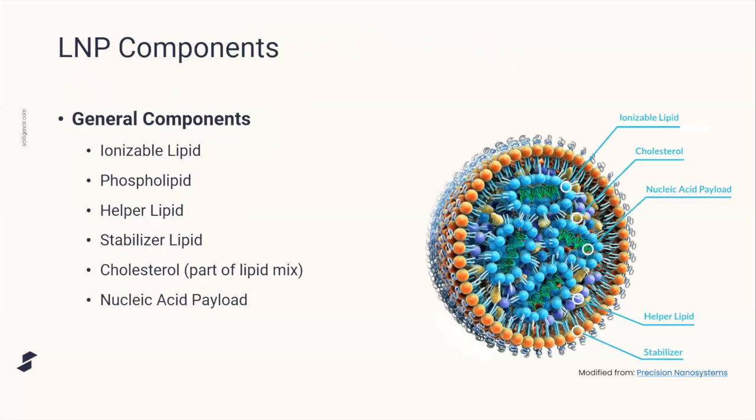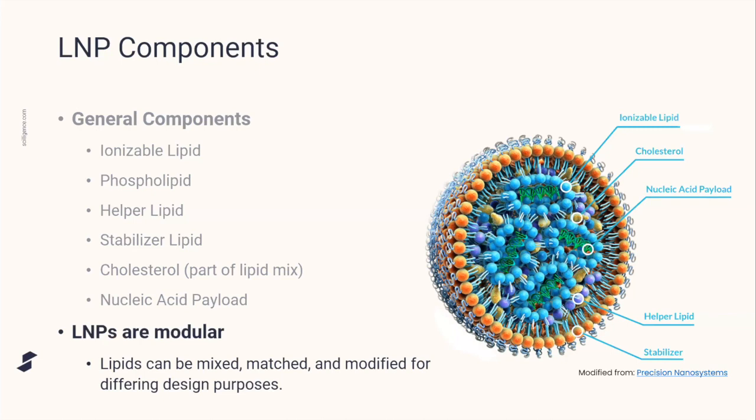In general, lipid nanoparticles are composed of a lipid mix, and most commonly now a nucleic acid payload. The lipid mix can include an ionizable lipid, phospholipid, helper lipid, stabilizer lipid. Several include cholesterol or a modified cholesterol, but it doesn't necessarily have to include all of those. Lipid nanoparticles are very modular, so they can be mixed, matched, modified.